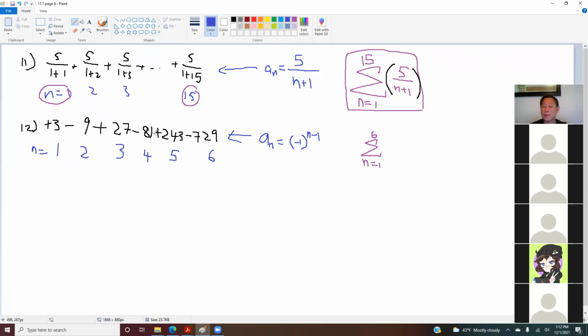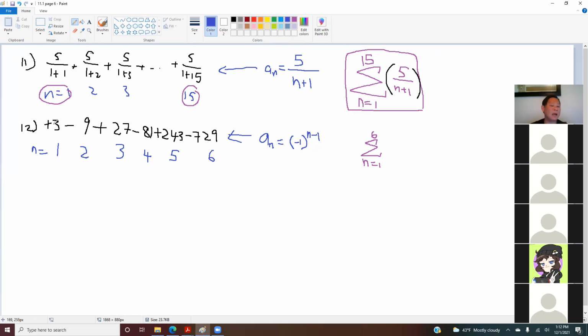So when n is 1, you get 1. When n is 2, you get -1. When n is 3, you get a positive, because 3 minus 1 is 2. Square it, get positive. When n is 4, you get negative. So this is just to take care of your sign.